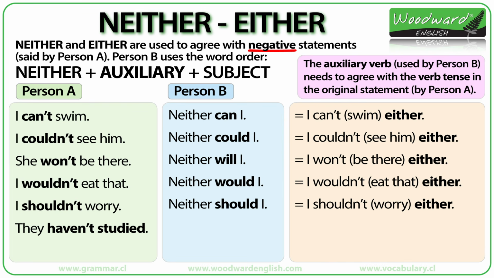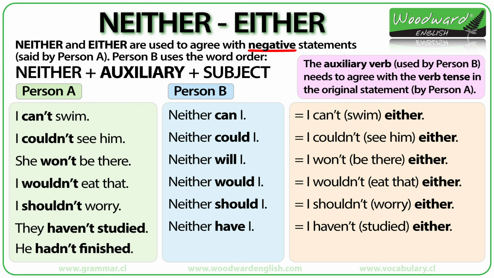Here we have the present perfect tense with a negative form of have before the past participle. For our response, we need to use the auxiliary verb have. We say, neither have I, which means I haven't studied either.